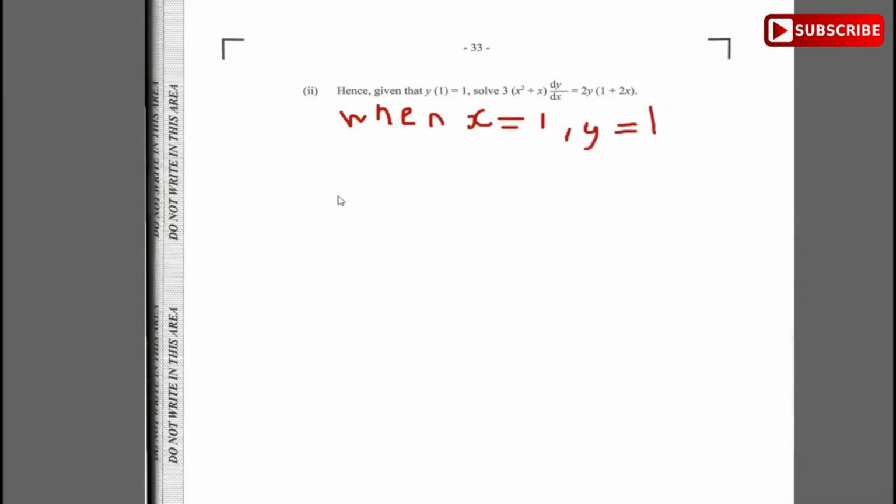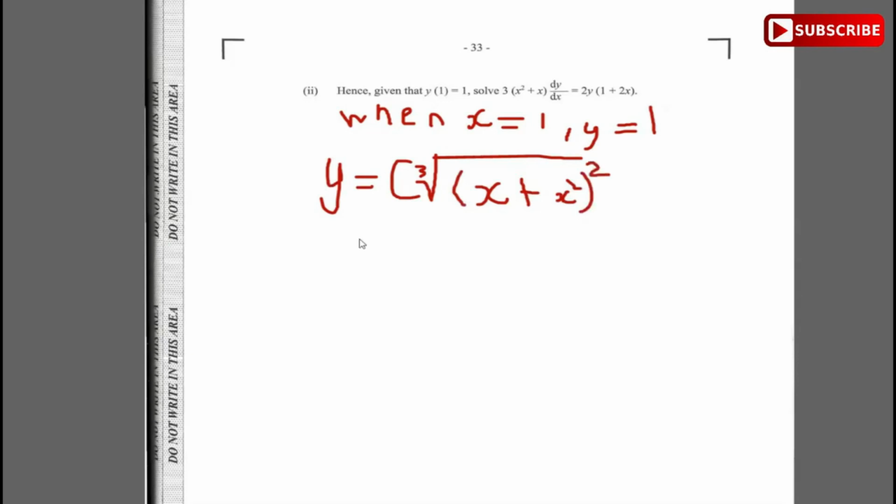And remember, they told us that y is equal to c times the cube root of x plus x squared, all squared. And so all we need to do is substitute x and y as 1.